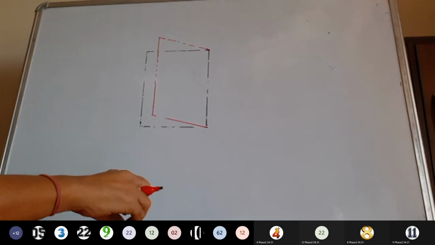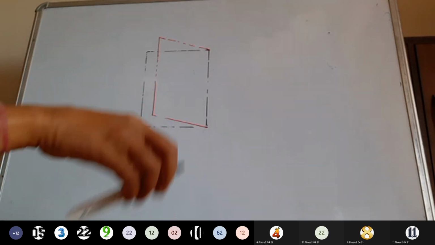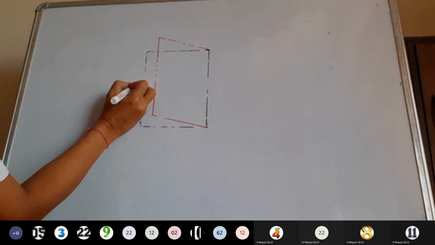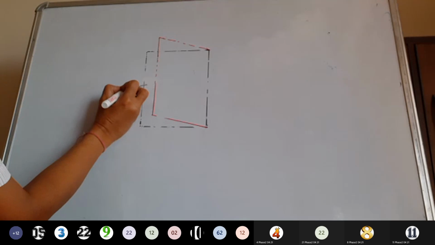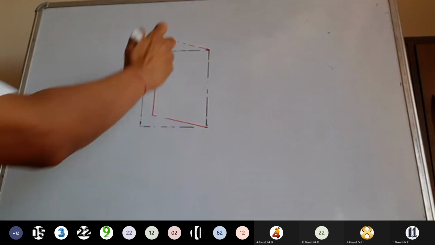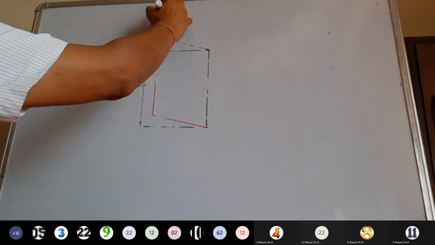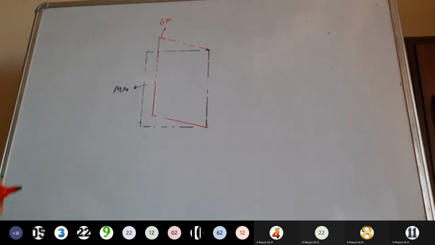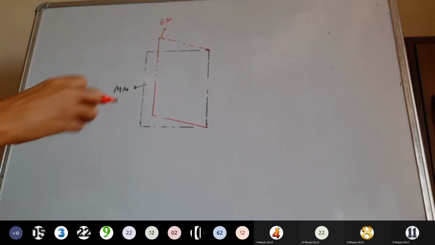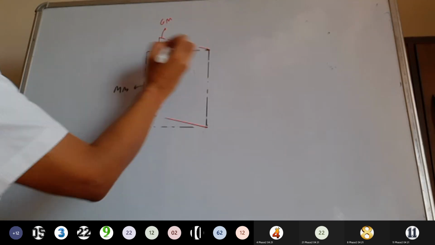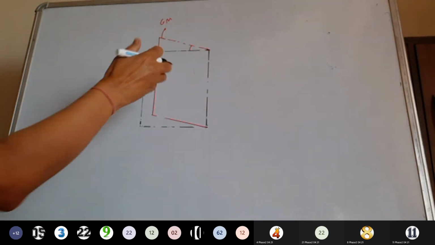Okay. So let us say this is the magnetic meridian, and this one is your geographical meridian. So the angle between the two, this angle is your variation.